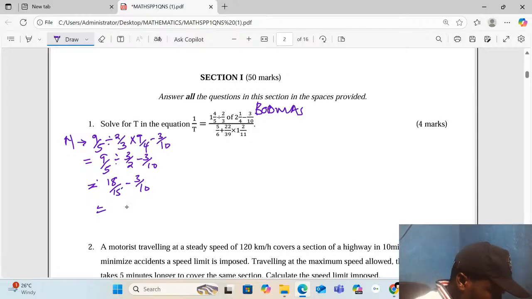When you subtract, you're going to get 9 over 10 as your answer for the numerator. So it's 9 over 10.